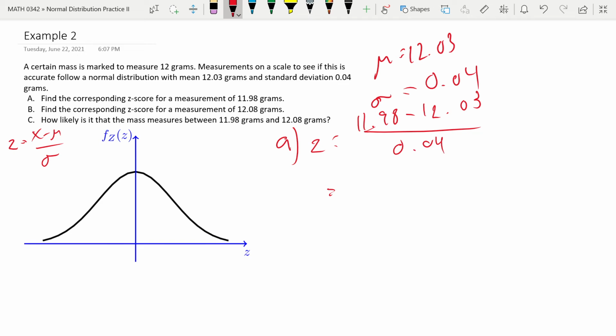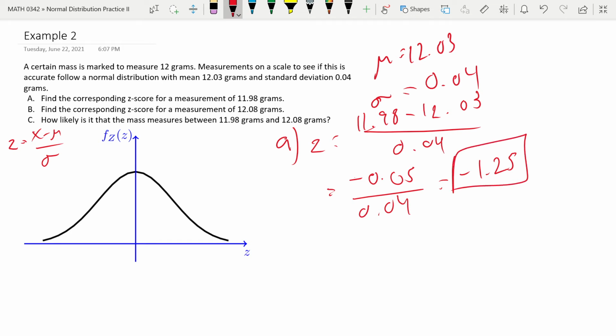In the numerator, 11.98 minus 12.03 gives us minus 0.05, divided by 0.04. And when we do that, being careful with the minus sign there and our decimal points, we should get minus 1.25. So that's the associated z-score for that measurement.